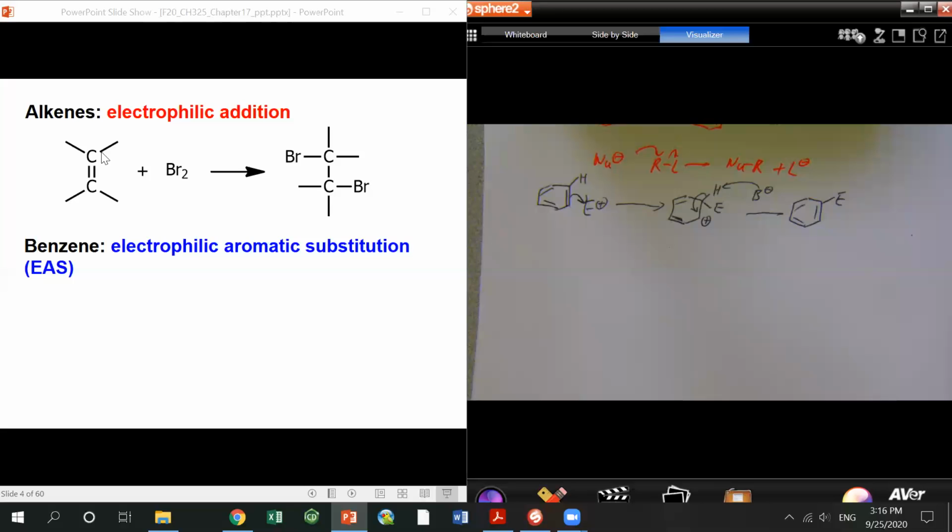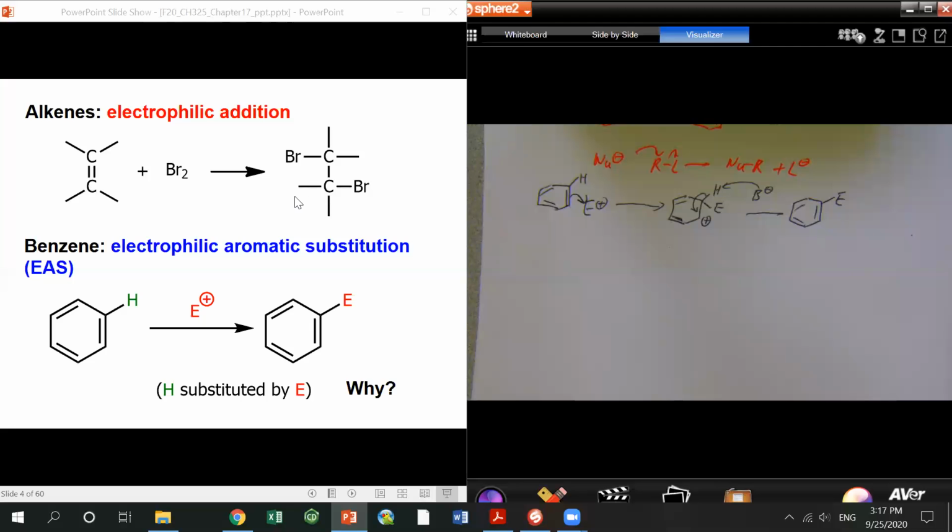Again an electrophile comes in, the CC bond opens, picks up the electrophile, a nucleophile comes in and is picked up by another carbon, just an addition product. So why does benzene have unique properties? Instead of adding the electrophile and nucleophile onto a CC bond, it does substitution reactions.